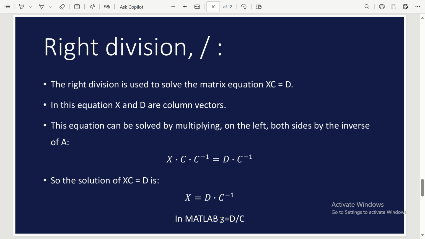In MATLAB we write this as X = D right division by C. Okay, so we'll see this in MATLAB.